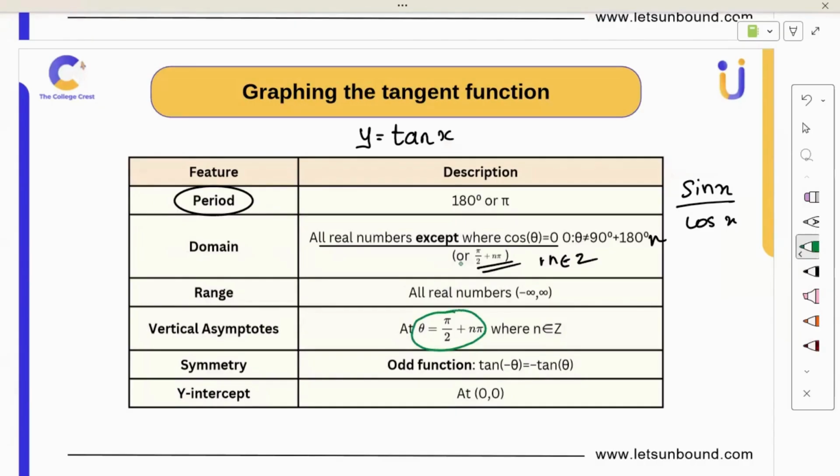These are the values we are excluding in the domain; those are the asymptotes in the tan graph. Symmetry: this function is symmetrical because it's an odd function. Tan of negative theta is negative tan theta. And for the y-intercept, it will cross the origin. These are the key features of the parent tangent function.